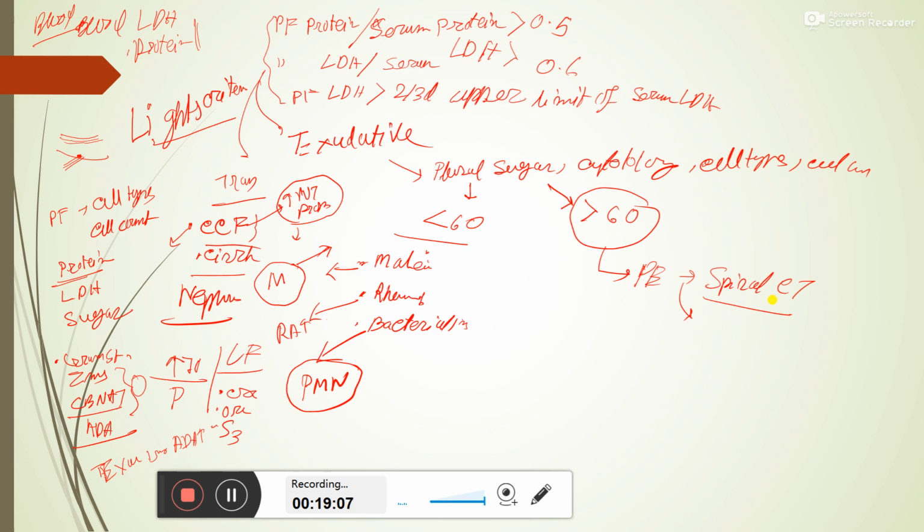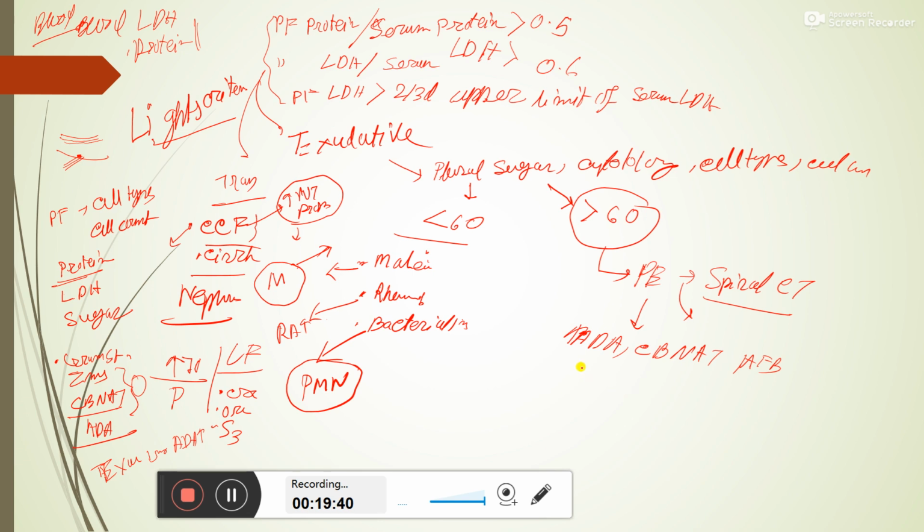If we find nothing in the spiral CT scan, we will go for tuberculosis and AFB for finding tuberculosis. So we will see whether the ADA value is high or not, whether CB-NAAT is positive or not, or whether AFB bacilli are present here or not.